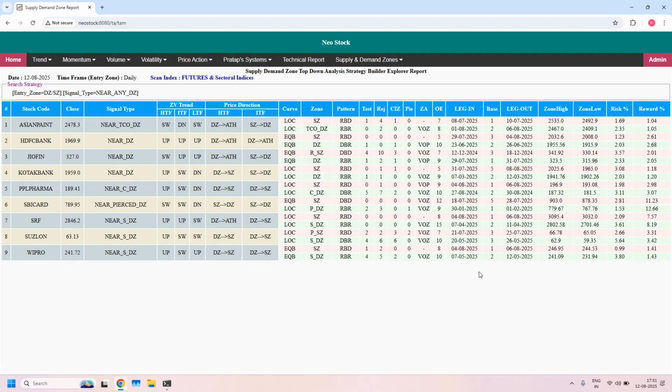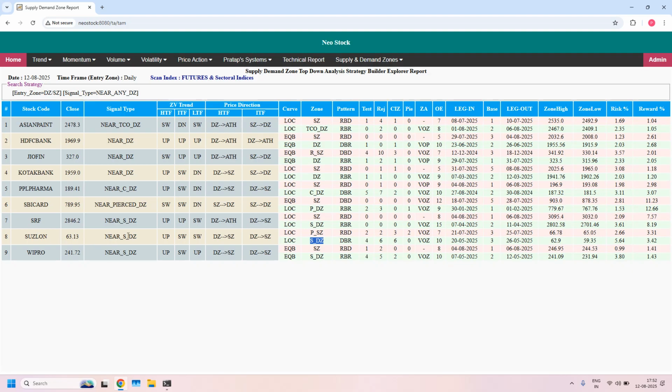Okay, let us identify high liquidity daily demand zones from this list. PPL Pharma is having a daily high liquidity demand zone. Next, SRF is having a daily high liquidity demand zone.